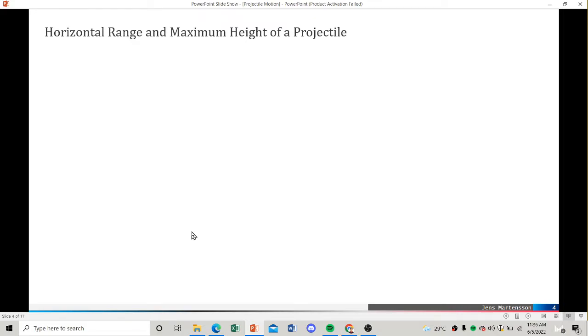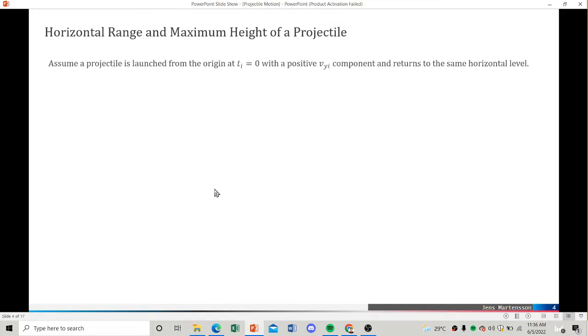Let us derive the horizontal range and the maximum height of our projectile. Assume a projectile is launched from the origin at t initial equal to 0 with a positive initial velocity component and returns to the same horizontal level.